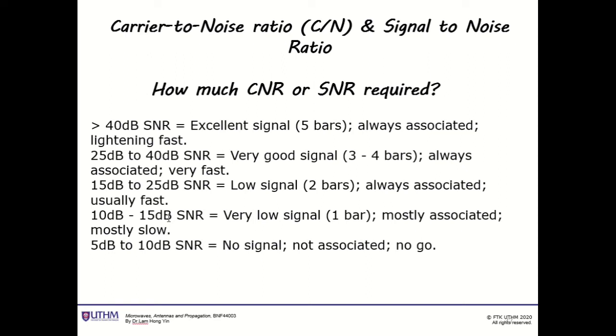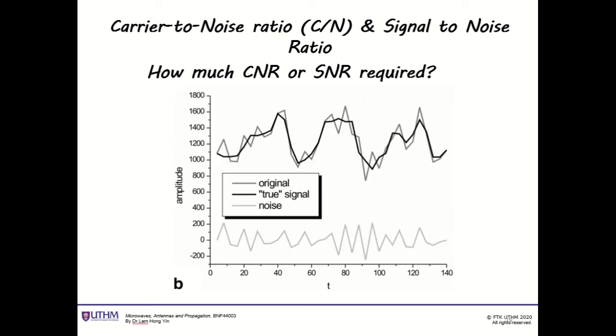So you usually need to move to a different location to get a higher signal, so that the signal power is much higher than the noise level. Usually no signal or no go is less than 10 dB SNR. So this is an example of the original true signal and noise. Usually noise is at the lower part here.